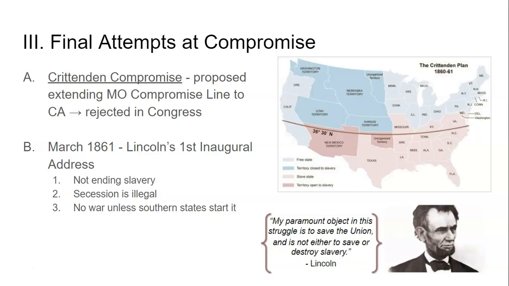And then he says, but I also think secession is illegal. What you southern states are doing is illegal, and we'll have to react to that as we need to. But I'm not going to start a war unless the southern states start it. So again, here at the beginning of the war, he's constantly saying that his only real goal is to save the country. It's really not to do anything about slavery.